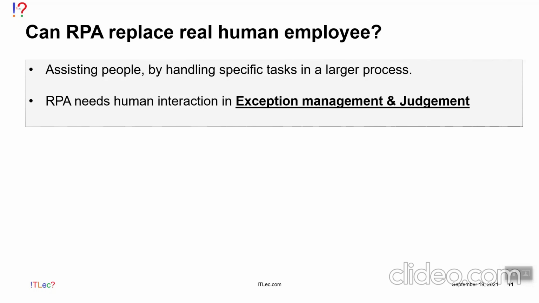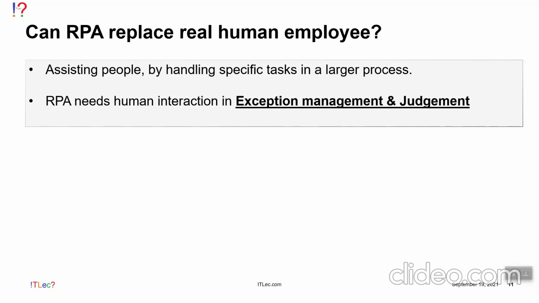And as all of us know, those types of questions have been raised and asked before several times. When Excel became available, all of us asked the same question: will Excel replace accountants? And nothing happened. After that, macros became available on top of Excel, and we asked the same question again, and nothing happened.